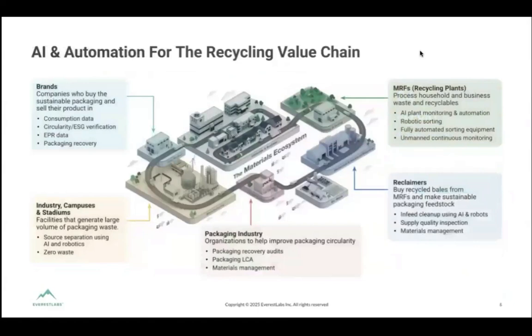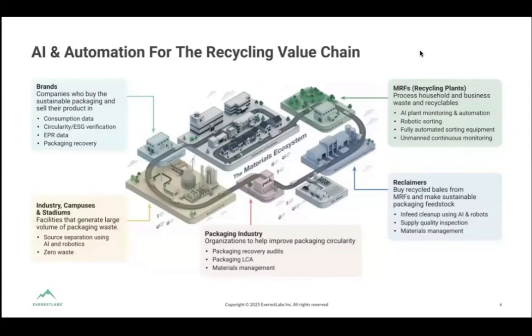So here is who we work with throughout the entire recycling chain. I'm going to start with the material recovery facilities, or MRFs, in green here, which are the majority of the customers that we service today. MRFs, of course, process and sort residential and commercial waste. Our AI is used all over their facilities to monitor their operations and provide valuable data.